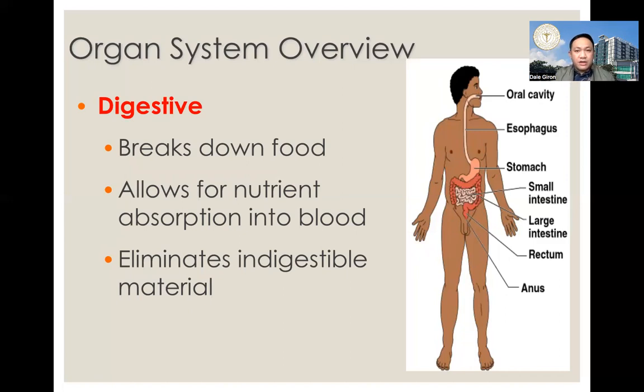In our saliva, we have salivary amylase, an enzyme that digests a certain amount of macromolecules. From the oral cavity, it goes down to the esophagus, to the stomach, where some protein, carbohydrate, and fat digestion also happens. From the stomach, it goes to the small intestine, large intestine, rectum, and anus. The anus eliminates the indigestible material, which is mostly water and some waste products.